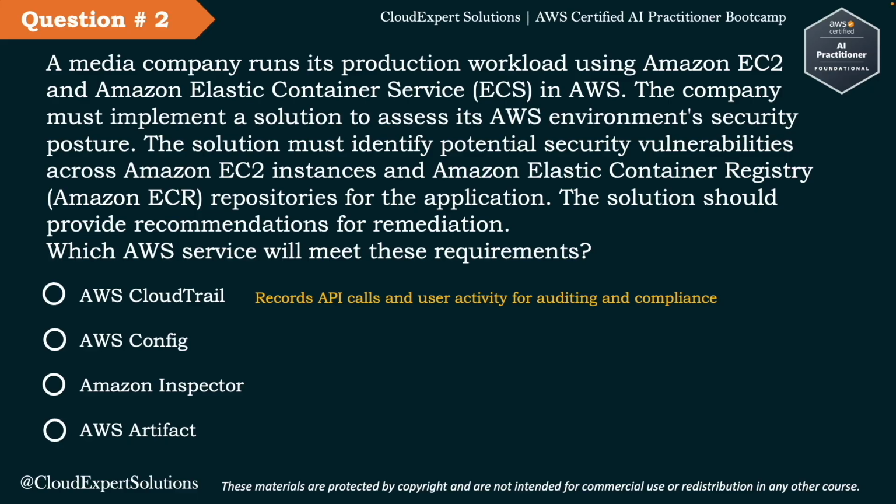That is why AWS CloudTrail is not the correct option. The second option, AWS Config. AWS Config monitors resource configurations for compliance and detects configuration drift, but it does not perform vulnerability assessment on EC2 or ECR. That is why AWS Config is not the correct option.